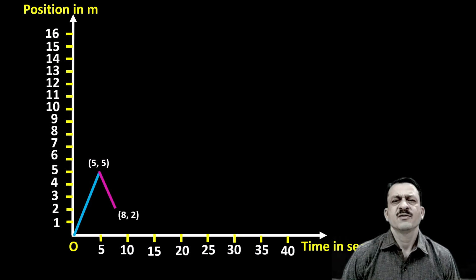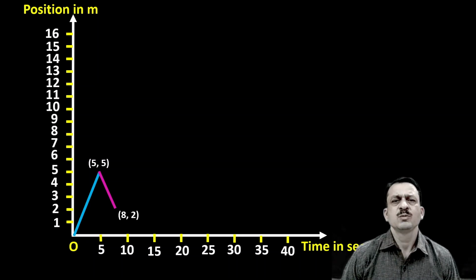The position is 5 steps forward minus 3 steps backward, therefore 2. So (8, 2) is the coordinate at this position. Now from this graph we can say that after traveling 5 steps forward and 3 steps backward, the displacement of the drunkard is only 2 steps.